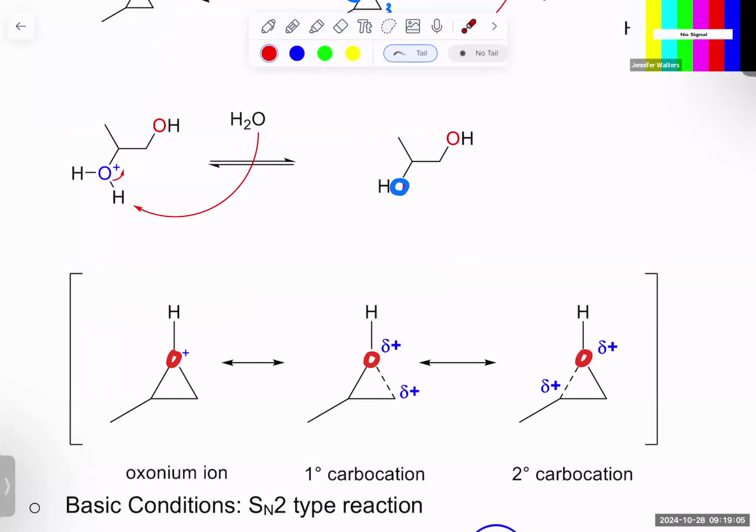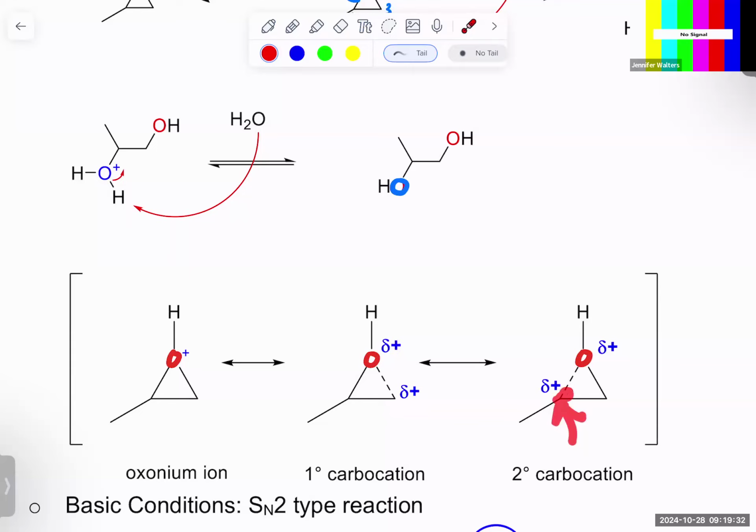So when we're in acidic conditions, and we have this protonated epoxide, you can imagine breaking this bond and you get this partial positive on that carbon, or if I imagine breaking the left-hand side, then I would get a positive carbocation on the left.